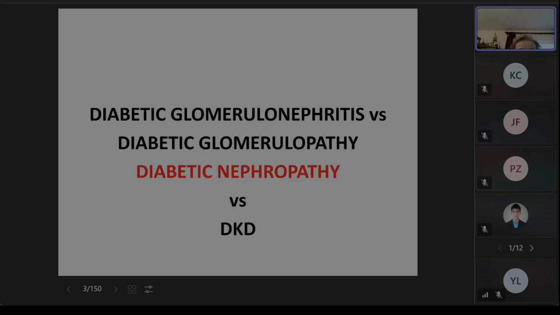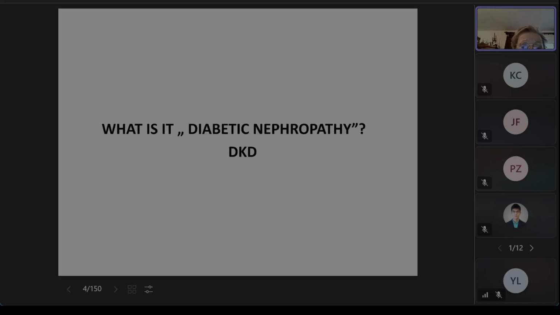So this is why nowadays we rather try to use the name diabetic kidney disease. It is, of course, the new name, but you can use the old names like diabetic glomerulonephritis or diabetic glomerulopathy.